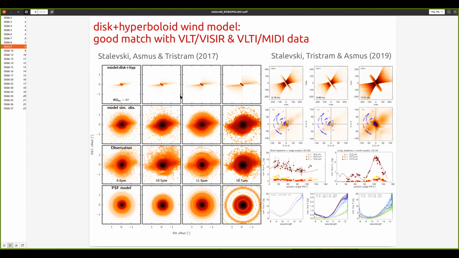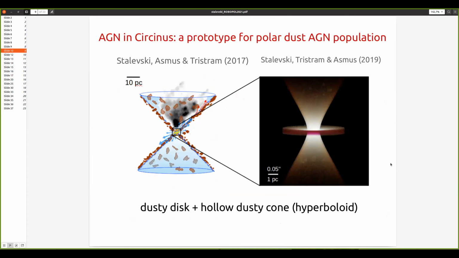I don't have time to go into details, but in these two papers, we made numerical simulations, so radiative transfer images of these models, made simulated observations of how it would be seen if observed with VISIR and MIDI, and we have a quite good match in both morphology at all wavelengths, the spectral energy distributions, and also the structure we see with interferometry, so the correlated fluxes. It all matches pretty well.